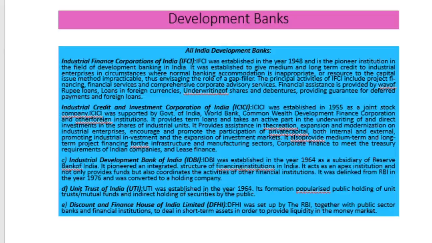Then the third important development bank is the Industrial Development Bank of India, IDBI. It was established in 1964 as a subsidiary of the Reserve Bank of India. It pioneered an integrated structure of financial institutions in India, acting as an apex institution.